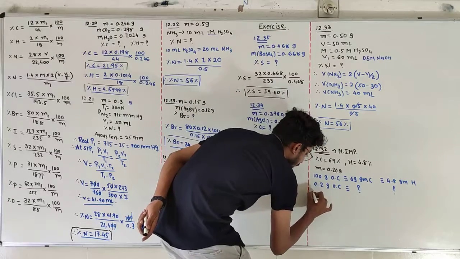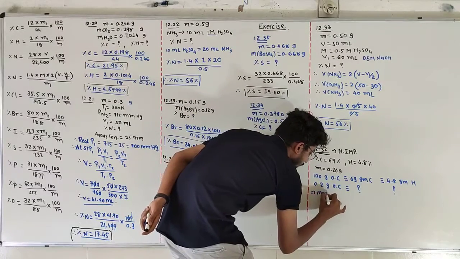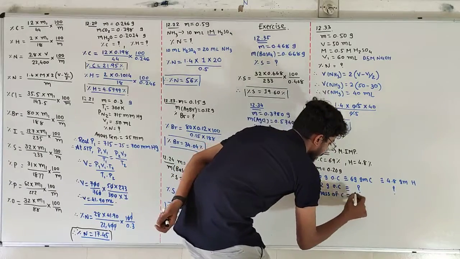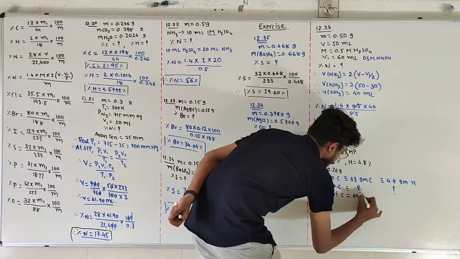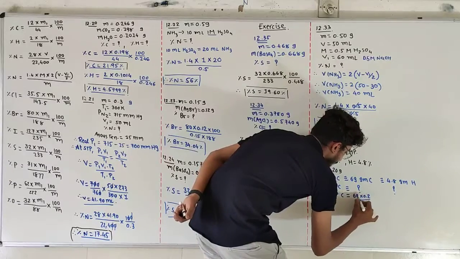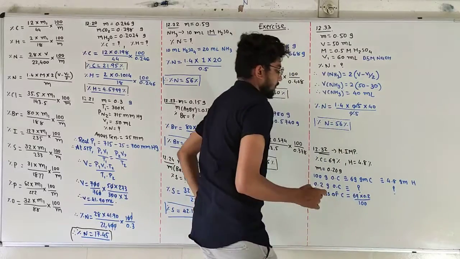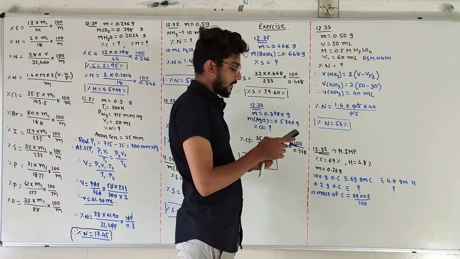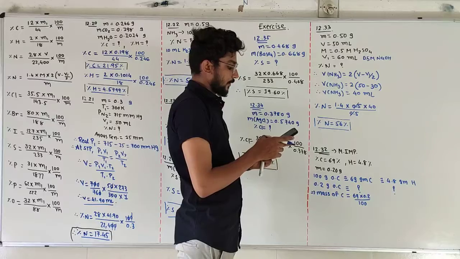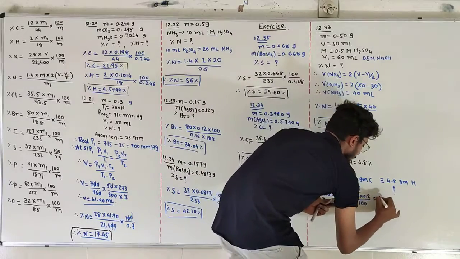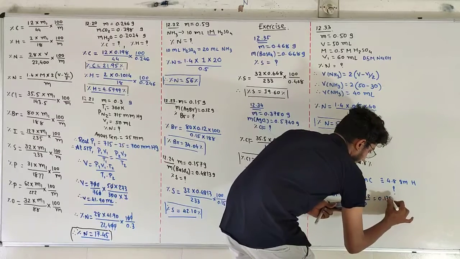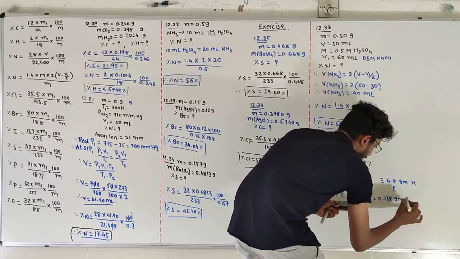So mass of carbon will be equal to simply 69 into 0.2 divided by 100. Let's calculate it, using the calculator. 69 into 0.2 divided by 100 will be equal to 0.138 gram carbon.